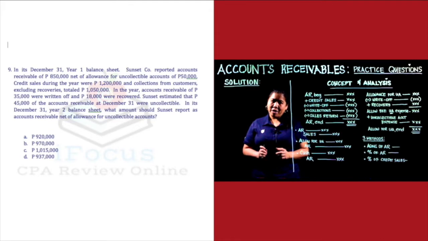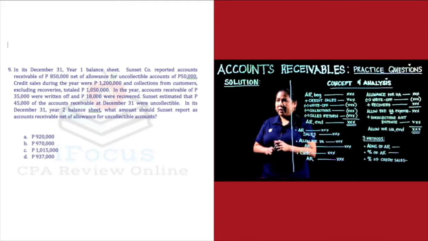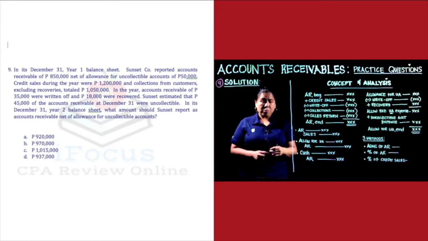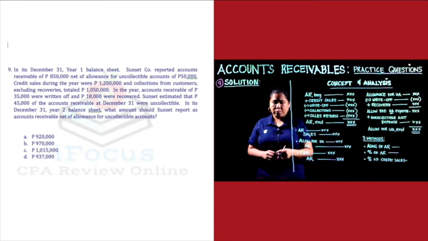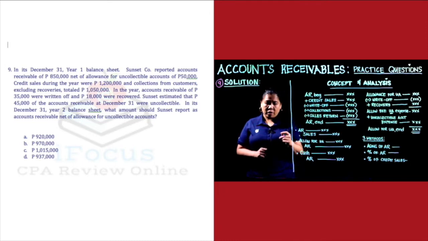Alright, question number 9 tayo. So, what is the requirement on question number 9? Alright, in its December 31st, year 2 balance sheets, what amount should Sunset report as accounts receivable net of allowance for uncollectible accounts?